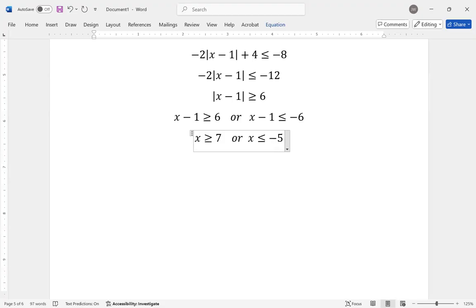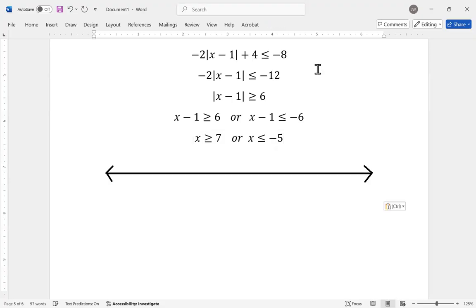And then I kind of think through how these two things interact. I usually draw this on a number line. Some people don't do that, but I usually do. So 7 is to the right of -5. Both of these have equality.